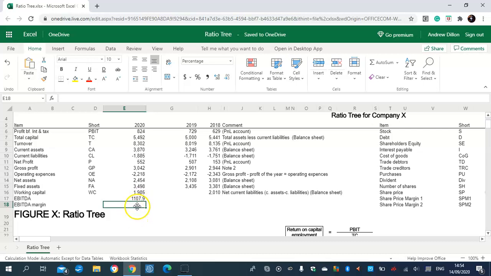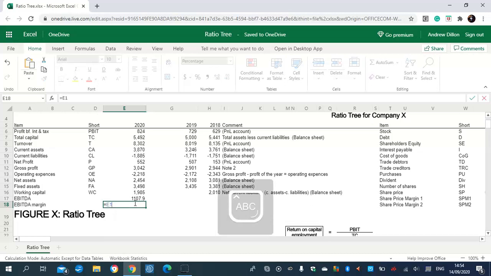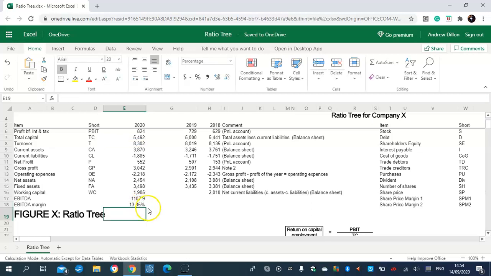Okay, now the EBITDA margin. So turnover divided by the EBITDA, 14.25%.